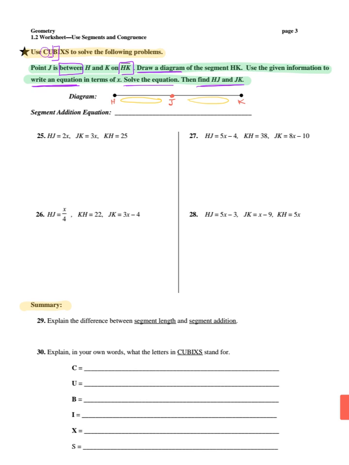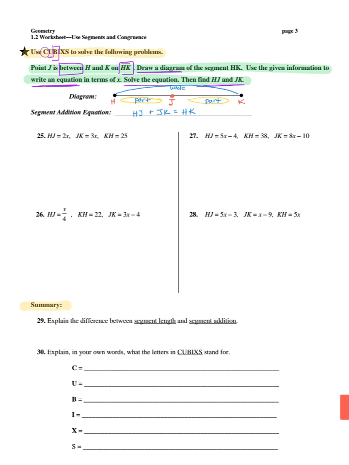These are my parts. And we have that equal to the whole segment HK. So we're going to set up an equation. We're going to write HJ plus JK equals HK.